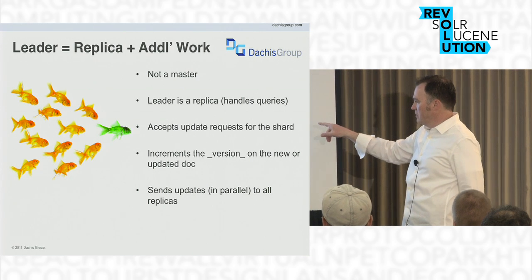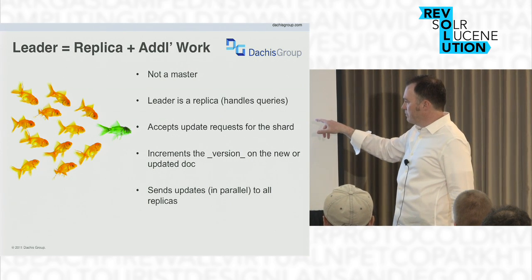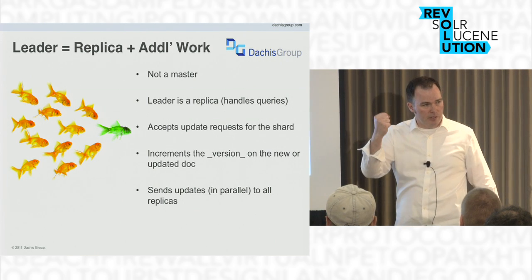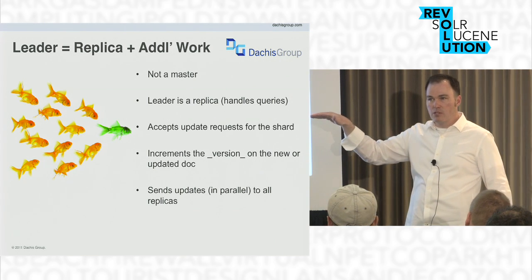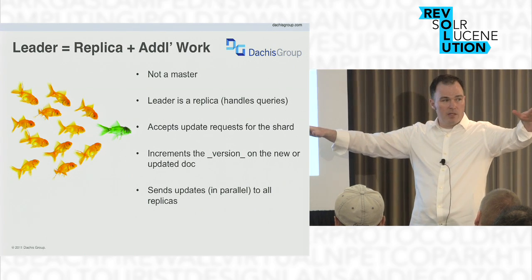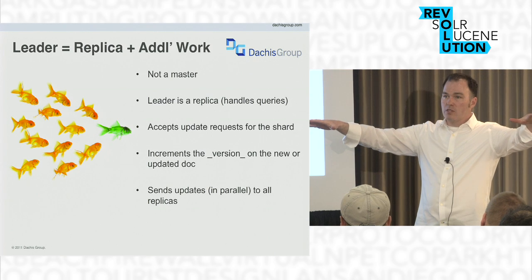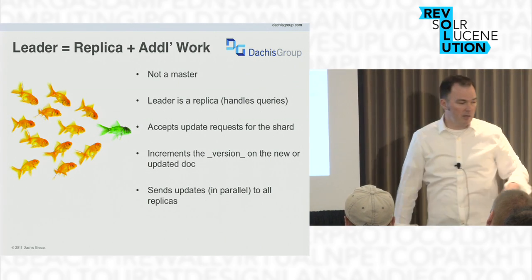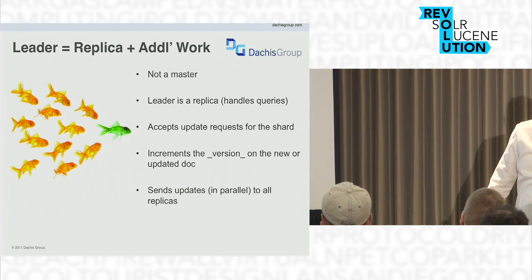And then this is pretty important. Say you add a new document, the leader accepts it, and it has 10 other replicas to go out and push that update to. It does that in parallel, right? And then it waits for all those to accept before it says, okay, yes, I've accepted that update, okay? So that's really what the leader does.